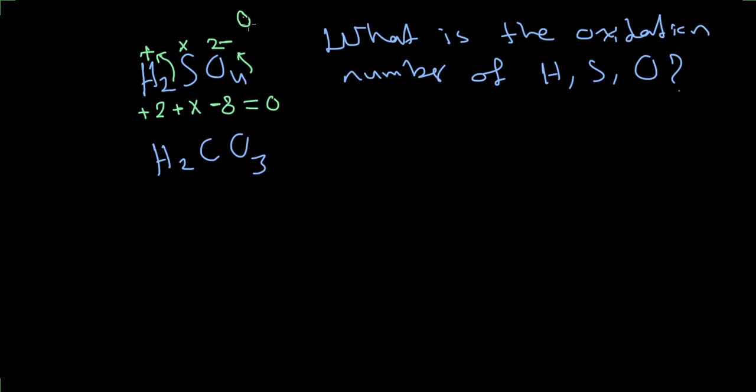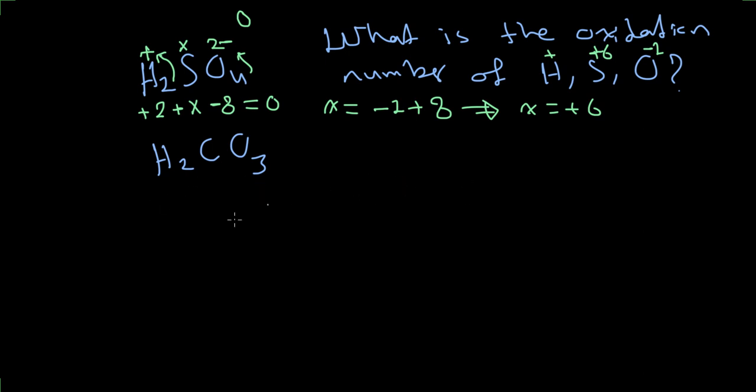Because it's a neutral compound. So X is equal to -2 plus 8, which gives +6. So this is +1, this is +6, and this is -2. That's great.